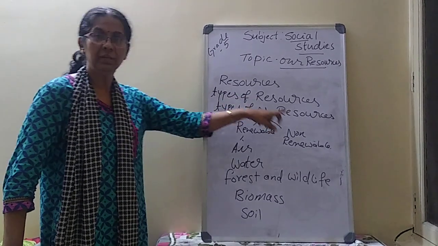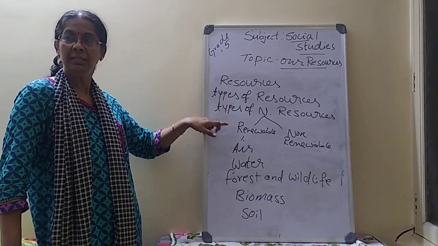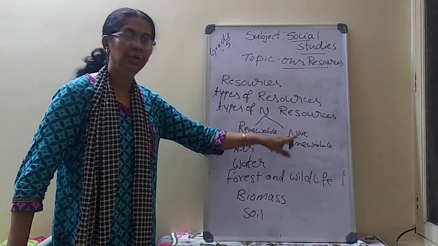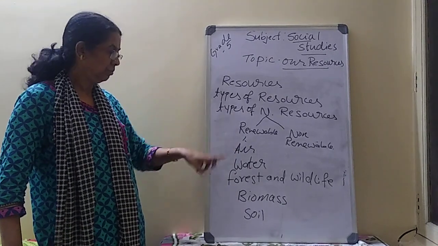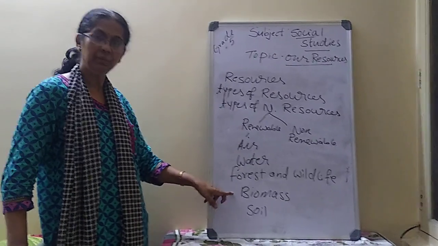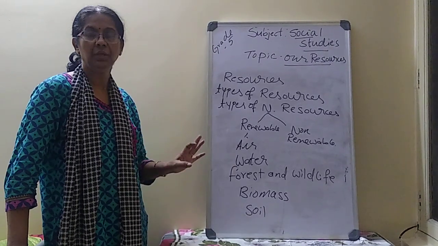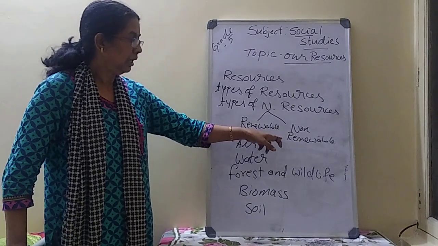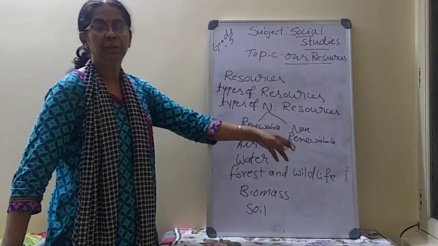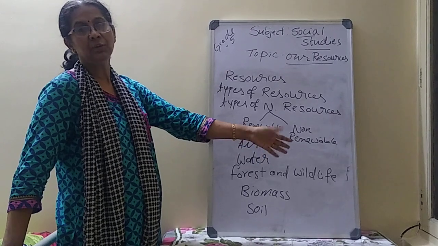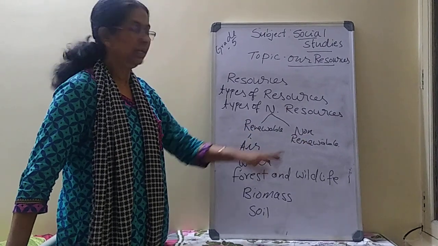Then the types of natural resources such as renewable resources and non-renewable resources. Renewable resources: air, water, forest and wildlife, biomass and soil. And non-renewable resources: coal, petroleum and metals like gold, copper and iron.